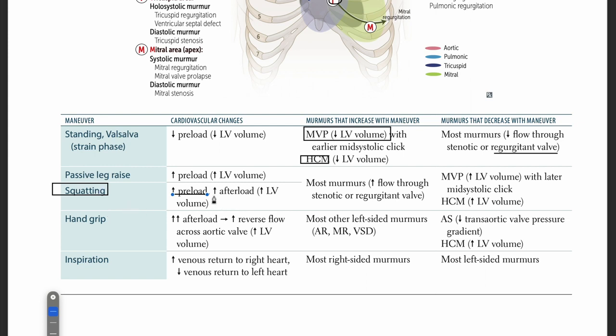So that resistance is going to cause an increase in afterload. Okay. Most of the murmurs are going to increase because of this. So increase in flow through stenotic or regurgitant valve. MVP, increase in left ventricular volume with later systolic click, and HCM. So the ones that were increasing here are now getting decreased over here.